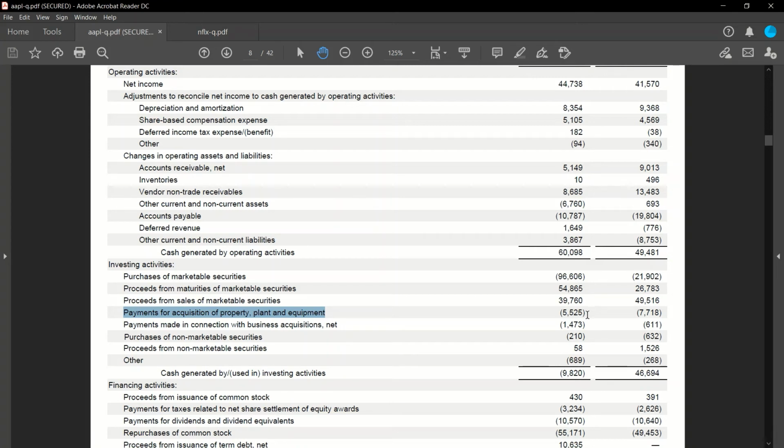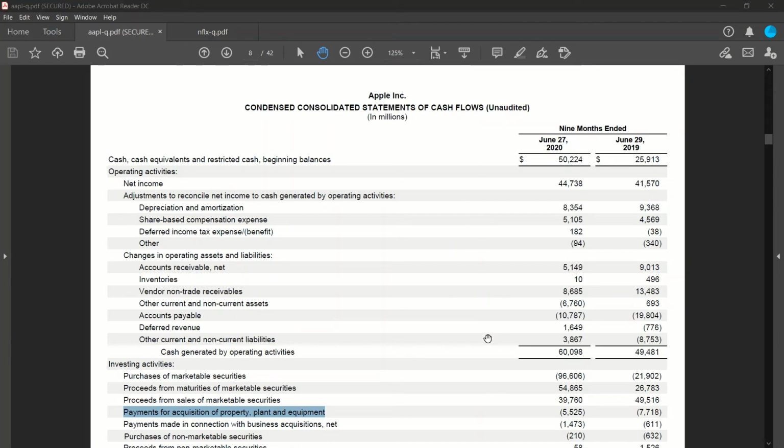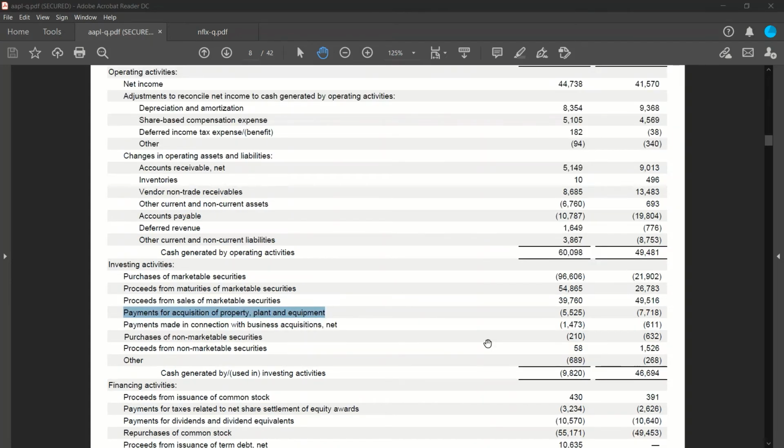So that leaves Apple with about 54.5, 55 billion in free cash flow. And I think they do about 250 billion in top line sales. So yeah, companies like Apple historically have produced a lot of cash flow.